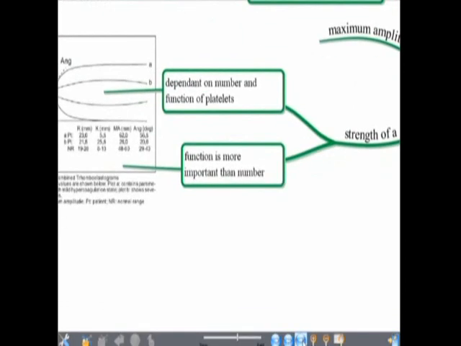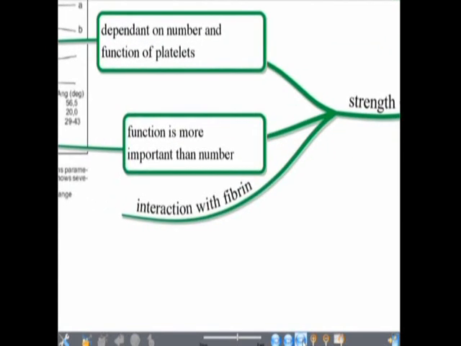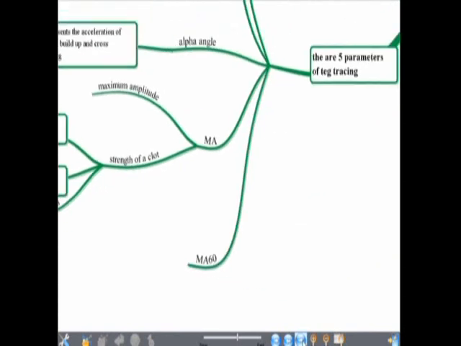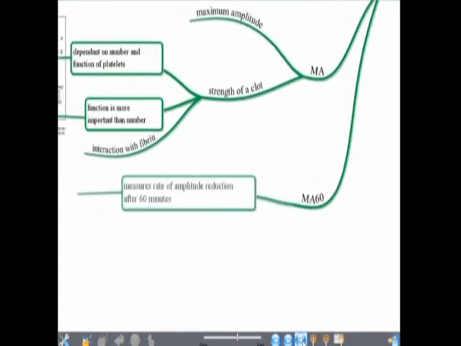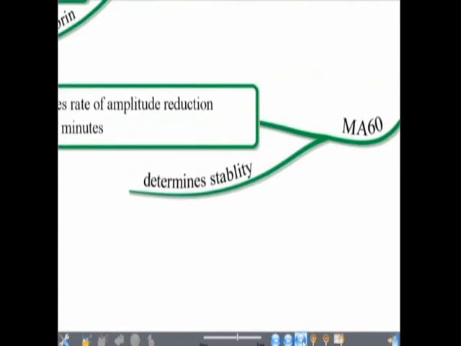This is what we're saying. And the interaction with fibrin is also indicated. MA60 is pretty much the same thing, but it gives you the rate of the strength of the clot over 60 minutes. It determines the stability of the clot. If the bleeding stops and it's corrected, is that patient likely to not bleed for the rest of the night?